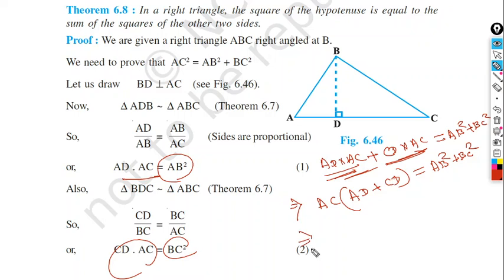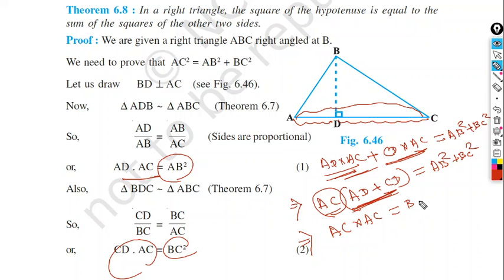Now let's move to the figure. AD plus CD is equal to what? AC, isn't it? Therefore you can write AC as it is. AC into this value, AC, equals AB square plus BC square.